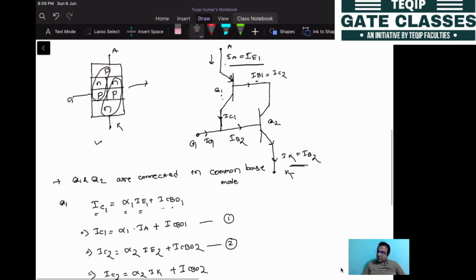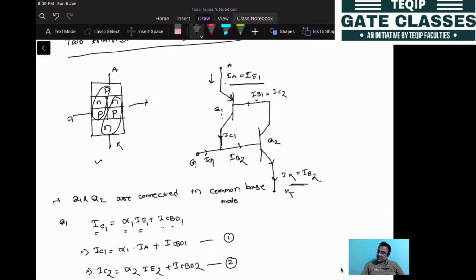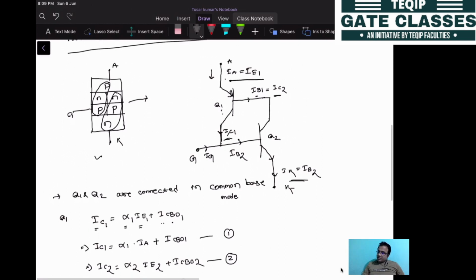Okay. Now look here. If you apply KCL, IA will be equal to IC2 plus IC1. Because you know that IE1 for transistor 1 is equal to IB1 plus IC1.